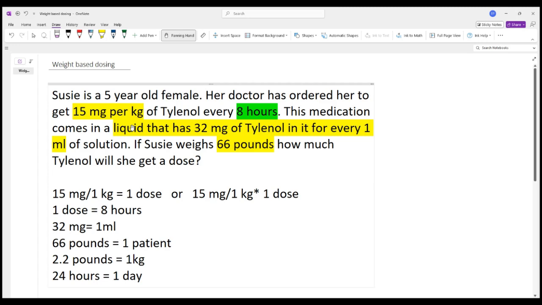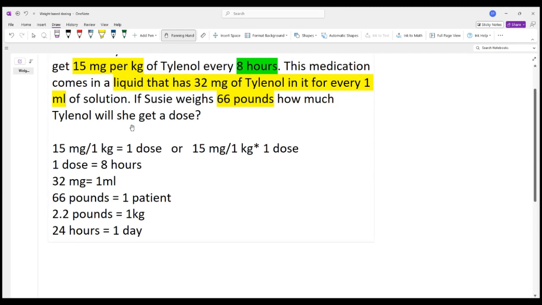So these are all the facts that you need, right? Now, if I was trying to figure out how much medicine she's getting per day, yes, I would care about that, and I would care about the fact that there are 24 hours in a day.